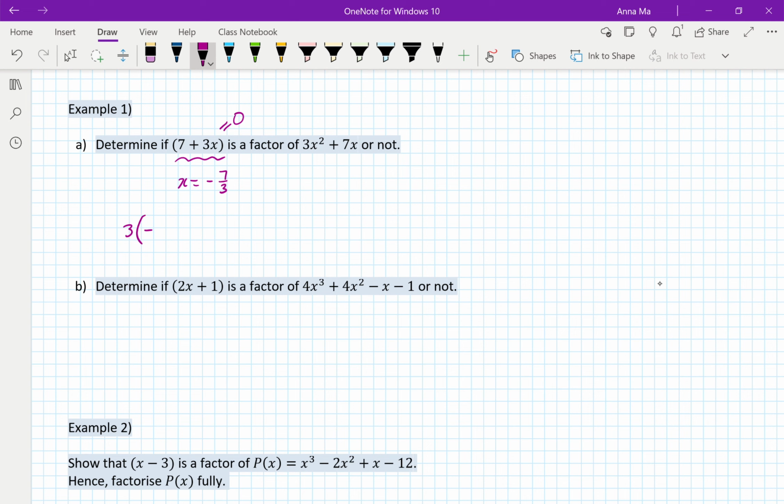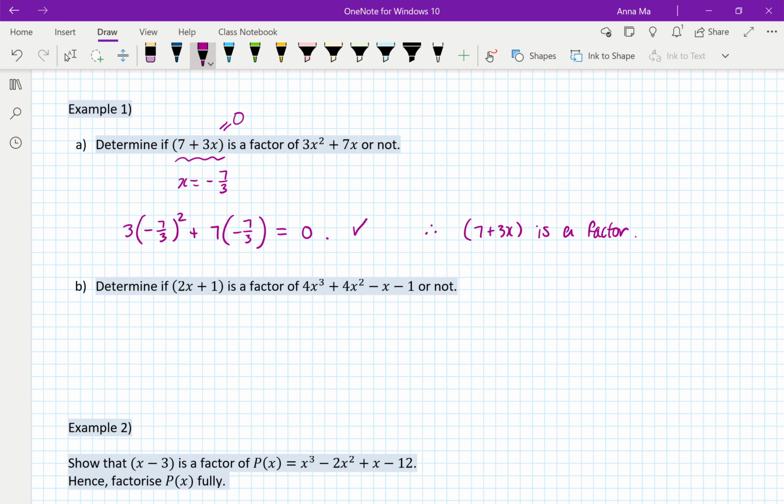3 times negative 7 on 3 squared plus 7 times negative 7 on 3. If you type that into the calculator, you actually do get a 0. So then we can conclude that the divisor was in fact a factor.